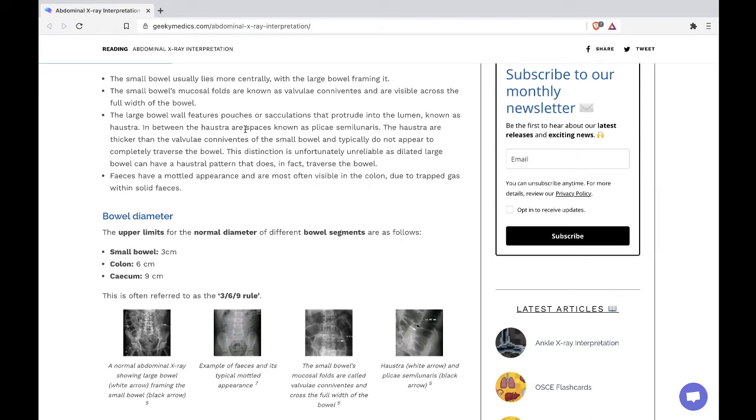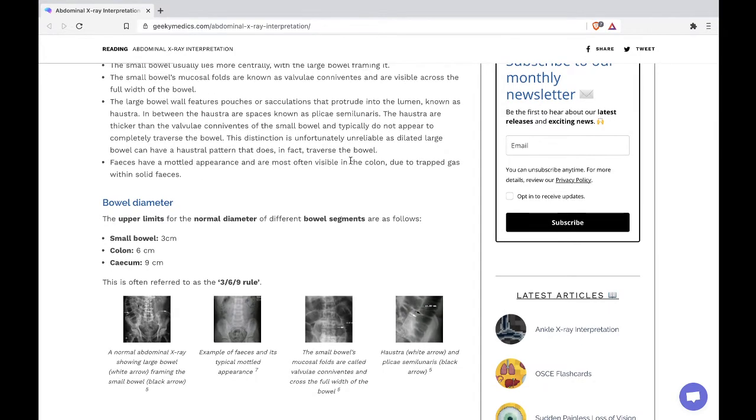Between the haustra are spaces known as plicae semilunaris. The haustra are thicker than the valvulae conniventes of the small bowel and typically do not appear to completely traverse the bowel. The distinction is unfortunately unreliable, as dilated large bowel can have a haustral pattern that does in fact traverse the bowel. Okay.